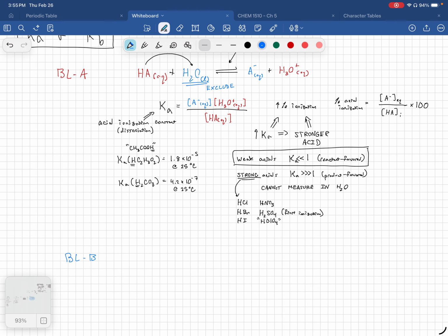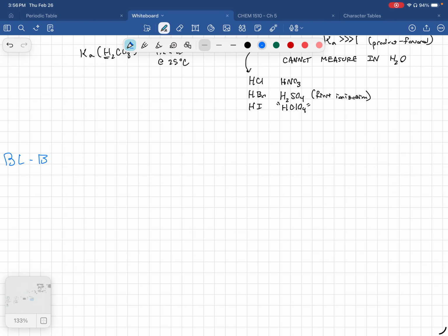Now we can do all of the same stuff for bases. So generically for Bronsted-Lowry bases, I'll just use B. And so again, we can take our Bronsted-Lowry base and we're going to measure its strength as a base, again, in water. I'm writing it in red here to show that it is acting as an acid. And again, the vast majority of bases are going to be weak bases.